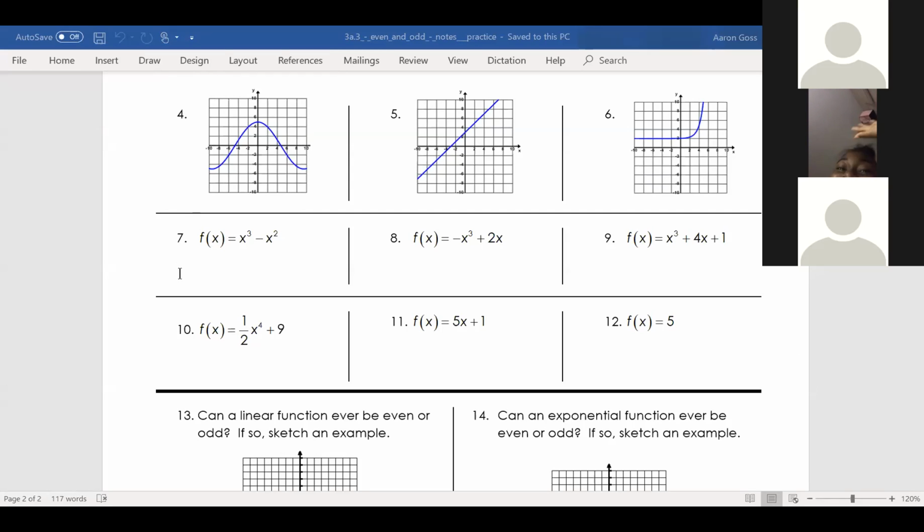We on 7? Yeah. Algebraically, I got to look at all the exponents, even, odd, or neither. They're either all even or all odd. If they're mixed, then it's neither. I'm gonna be right back.